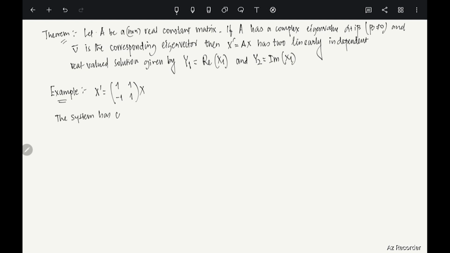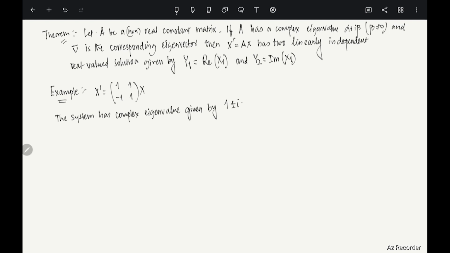So the system has complex eigenvalues given by 1 plus minus i. Clear? They come in conjugates, right?